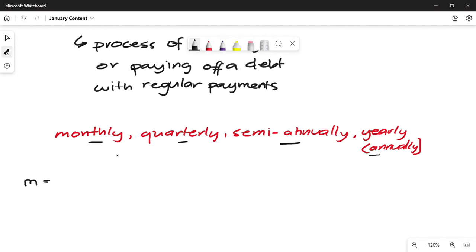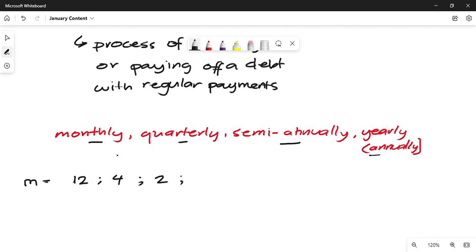If the problem asks for the monthly amortization, your m should be equal to 12, because there are 12 months in a year. If it's saying quarterly, then m should be equal to 4. If the problem says semi-annual amortization, then m is equal to 2.